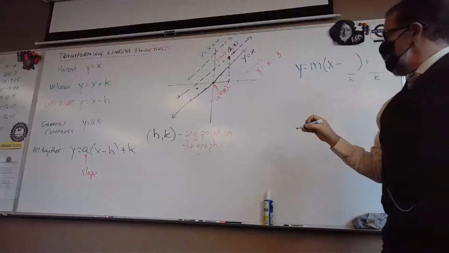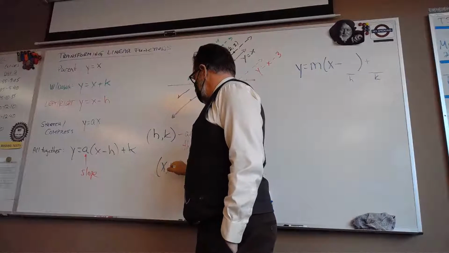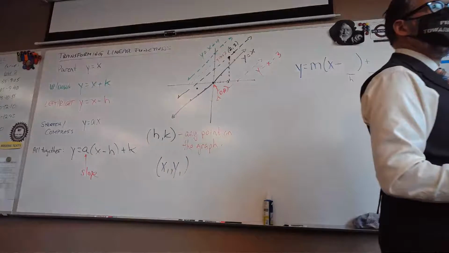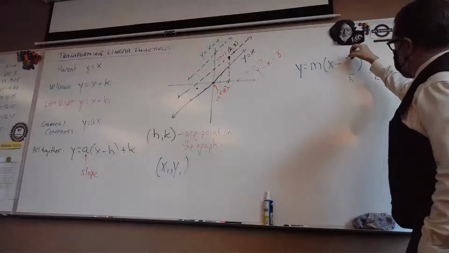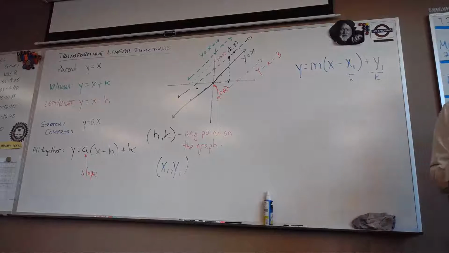But if h comma k is any point on the graph, I'm going to call it x1 comma y1. Some point on the graph. Doesn't really matter. Instead of h, k, I'm going to say x1, y1. But that makes this equation look like this.